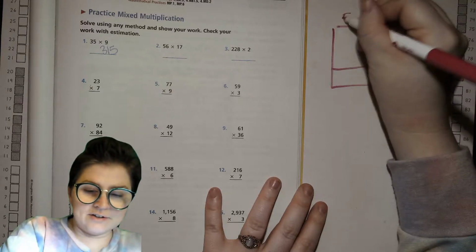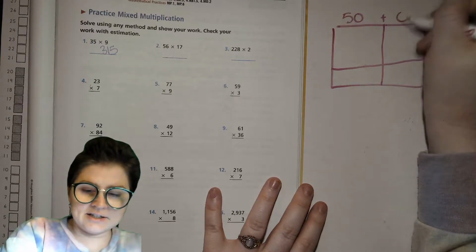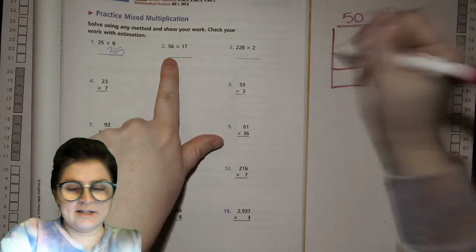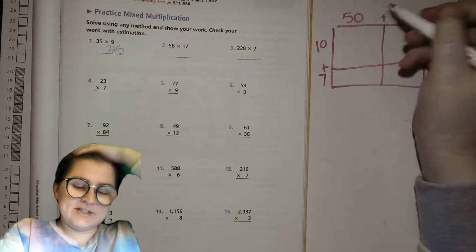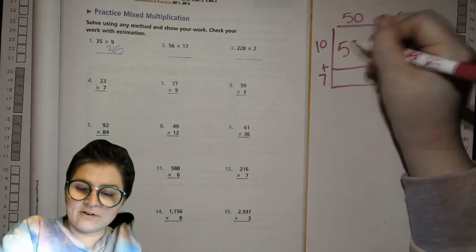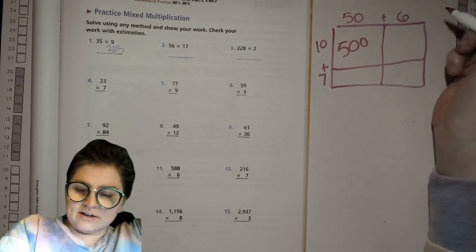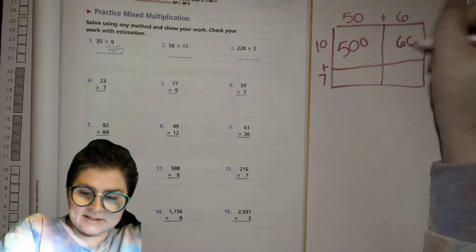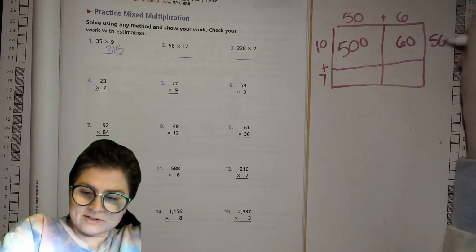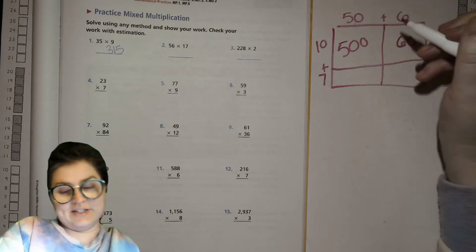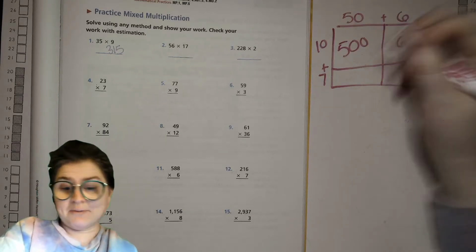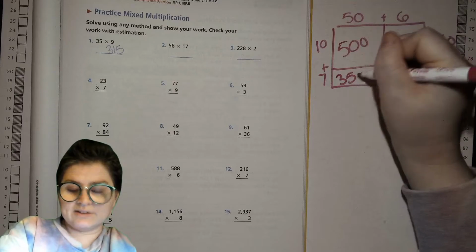So 50 plus 6 is 56. And 10 and 7 is 17. 50 tens is 500. 10 times 6 is 60. So far that's 560. 7 times 50, or 7 times 5 times 10. 7 times 5 is 35.